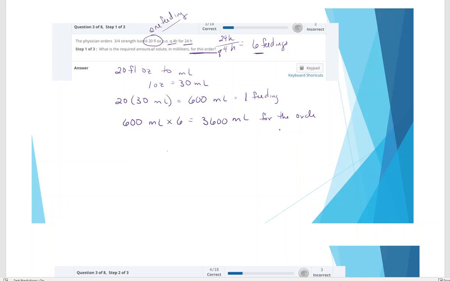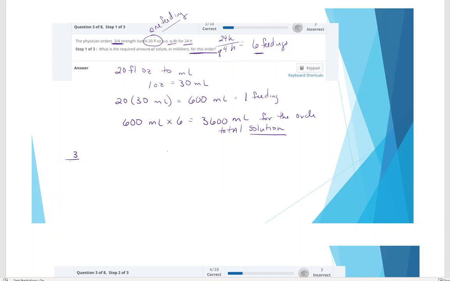Now, this is my total solution. I haven't found my solute yet. So to find my solute, I know it's 3/4 strength.